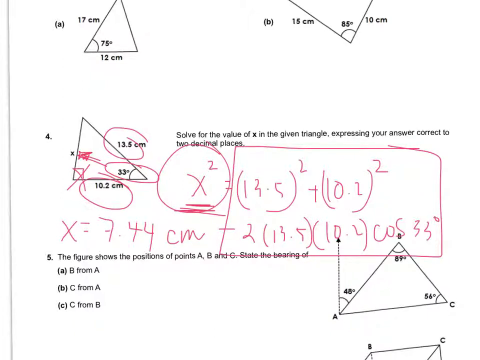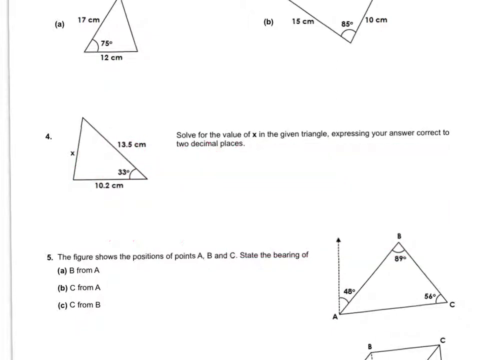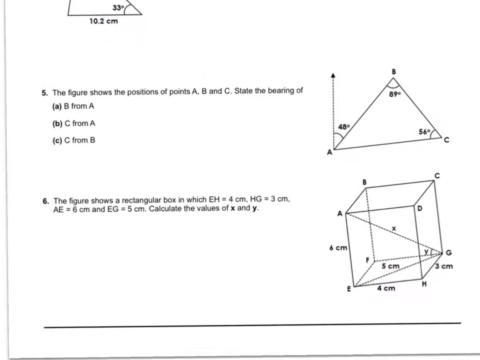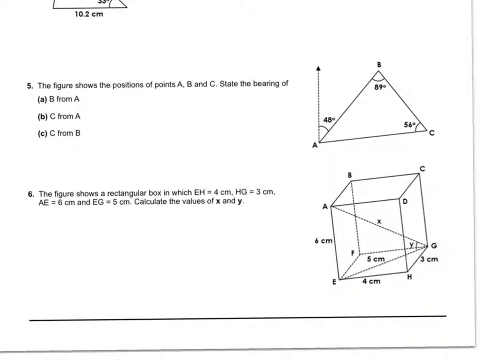Okay, number 5. The figure is about bearing. For bearing, a very important idea is that you always measure from the north axis. If it says we want to get the bearing of B from A, what is the answer?